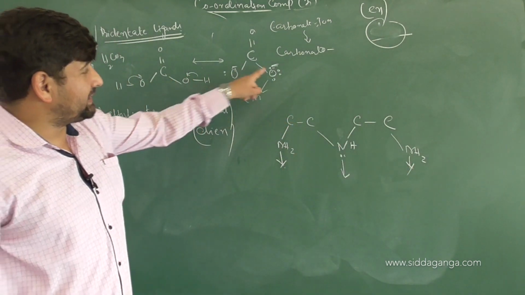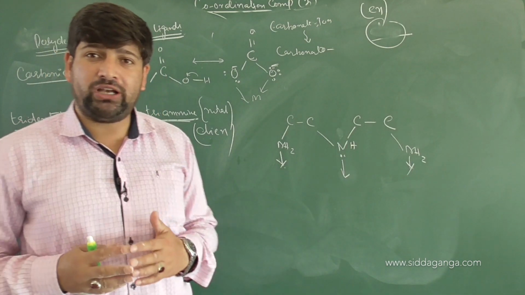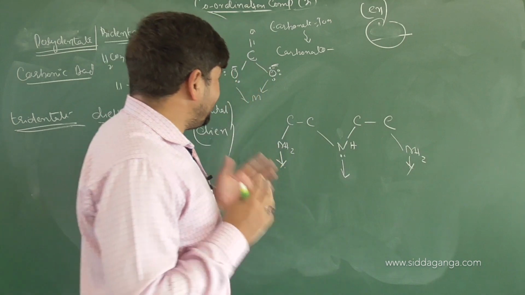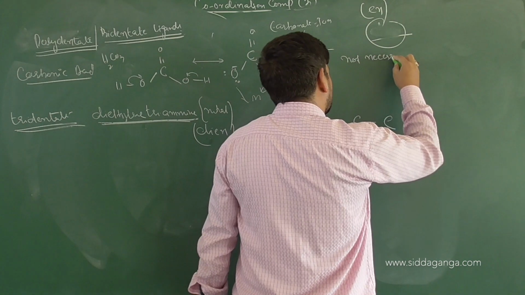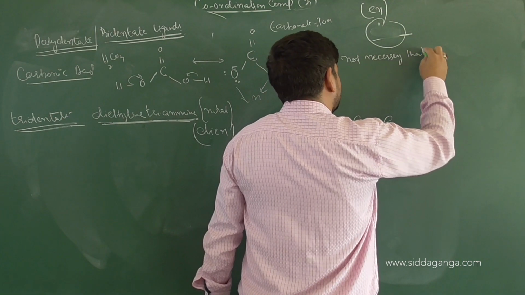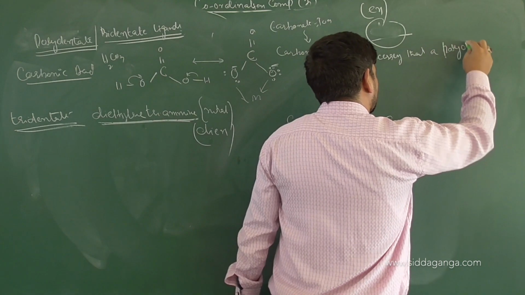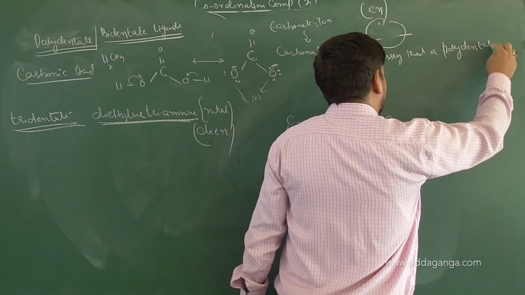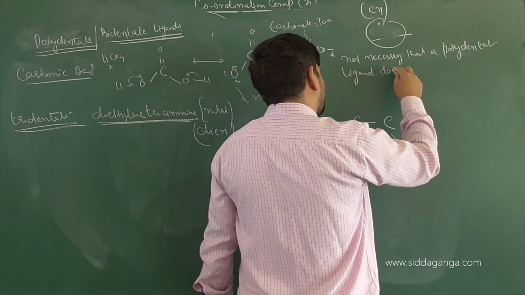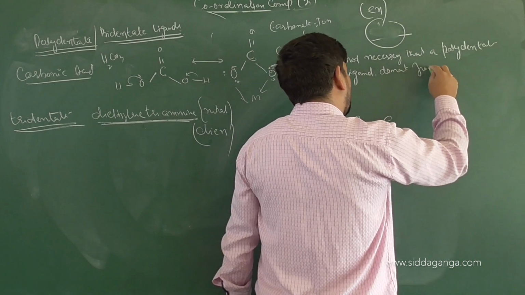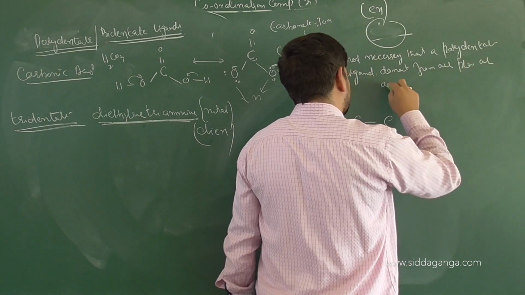So it can donate from 3 places. Even bidentate ligands can donate from how many places? 2 places. But if you have any polydentate ligand, it is not necessary that a polydentate ligand donates from all places at all times.